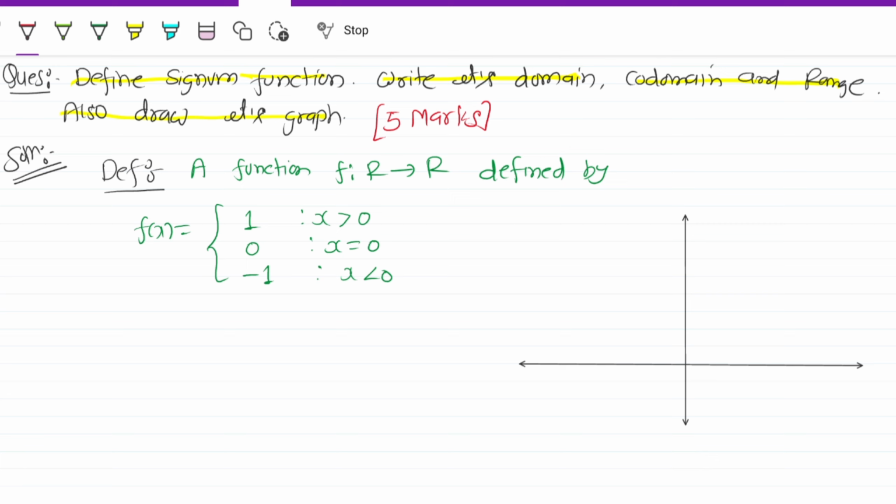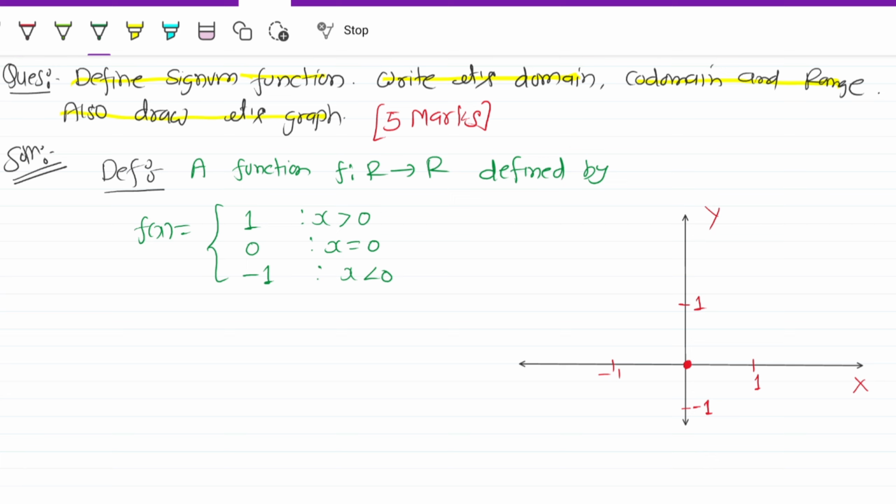Next, draw the graph of this function. This is your xy plane, this is the x-axis, this is the y-axis. I told you, whenever the input is 0, the answer is 0. Before that I will give some names: plus 1, minus 1. Whenever the input value is 0, the output is 0.